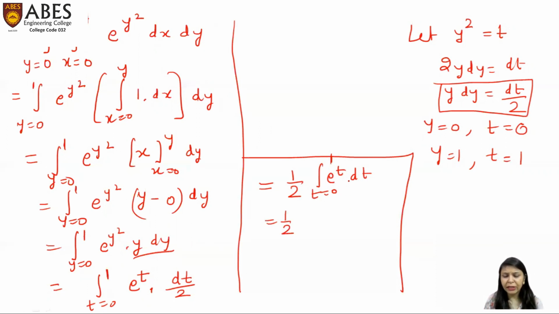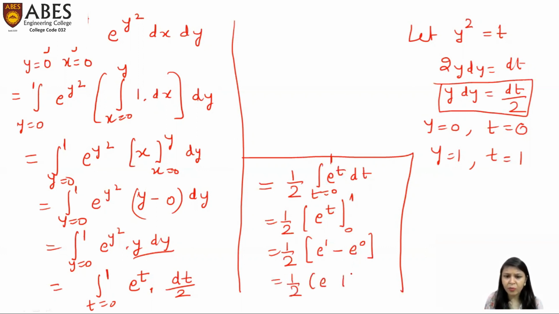We know the integration of exponential t is exponential t, with limits 0 to 1. So we put 1 in place of t for the upper limit, minus 0 in place of t: exponential 1 minus exponential 0. So the answer will be half of (e minus 1). This will be the answer. So you can see that after changing the order of integration, we can easily solve this integration.